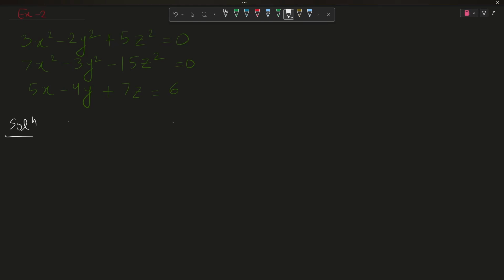Okay, so firstly, taking the first equation, 3x square minus 2y square plus 5z square is equal to 0. And the second equation, 7x square minus 3y square minus 15z square is equal to 0.